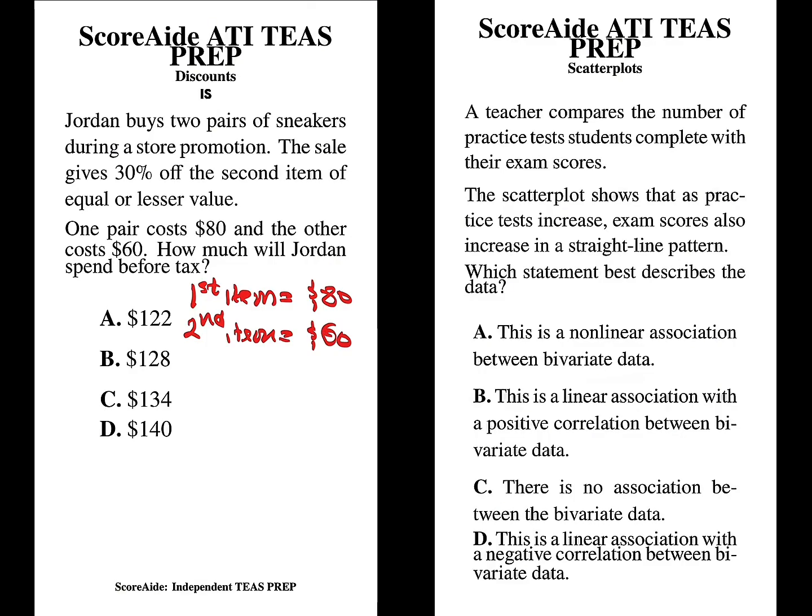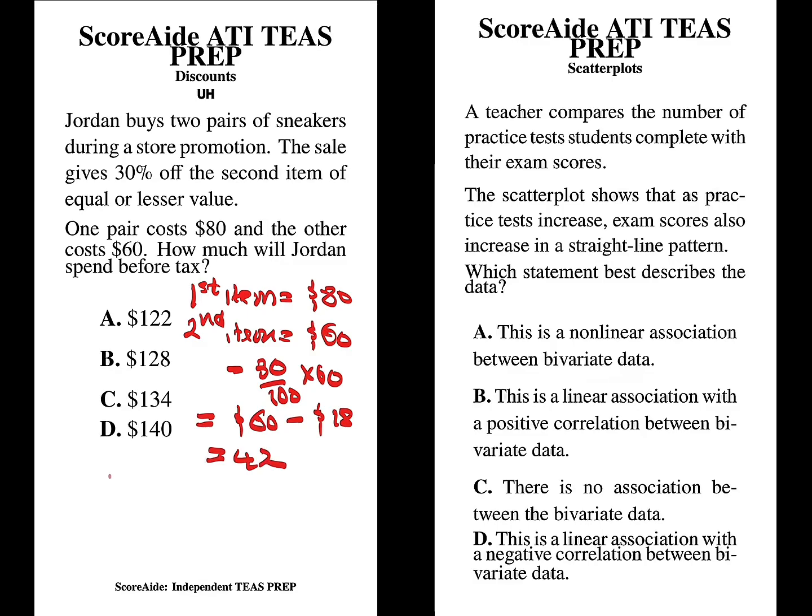Since the second item is less than the first item, we're going to have a discount. So minus 30%, which is 30 over 100 times 60. So this is going to be $60 minus, so 0.3 times 60 is going to give us $18. So which is equal to $42, right?